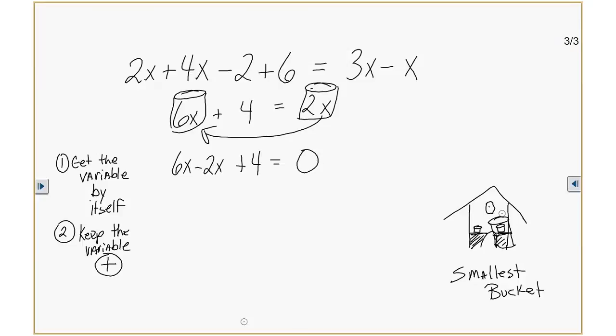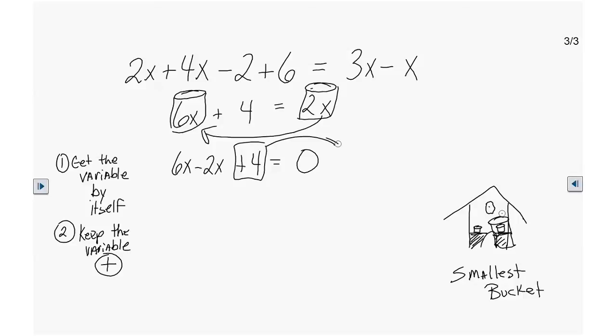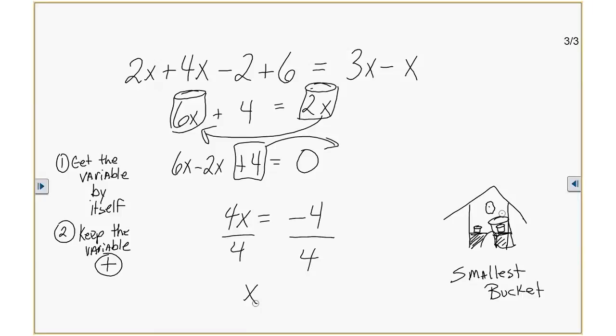Move the 4 over, and you get 4x is equal to what? And then divide by 4. And x is equal to. Now, if you follow the smallest bucket rule, 99% of the time you will be able to keep the variable positive.